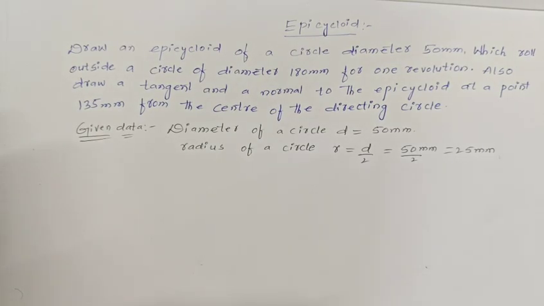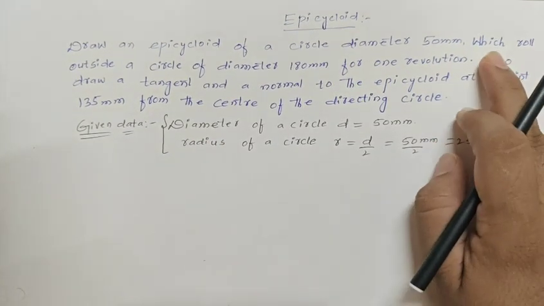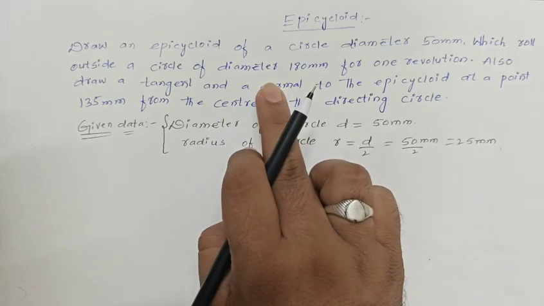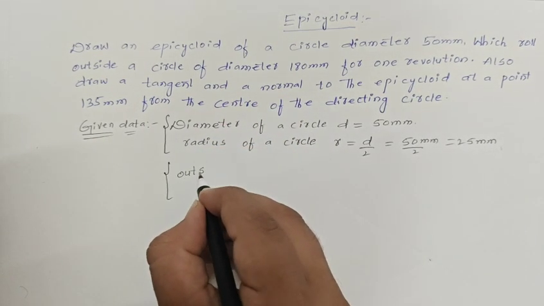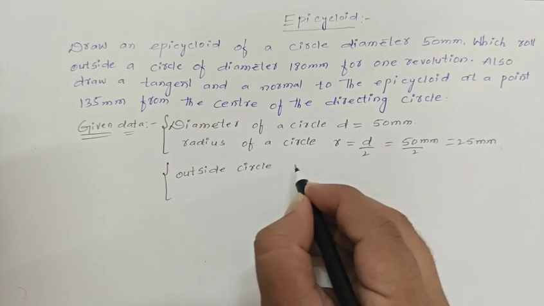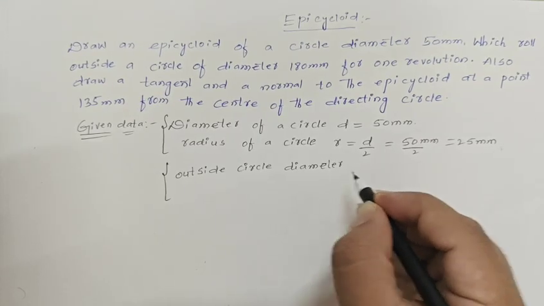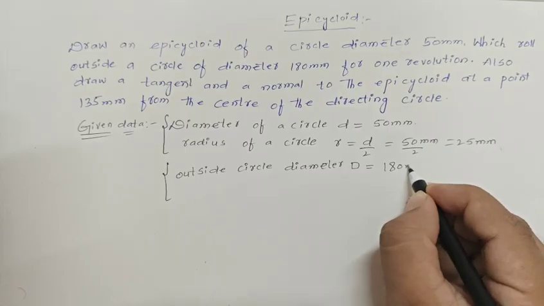Okay dear, that first condition we got. Then, which rolls outside a circle of diameter, the outside circle diameter, represented as capital D, is 180 mm.